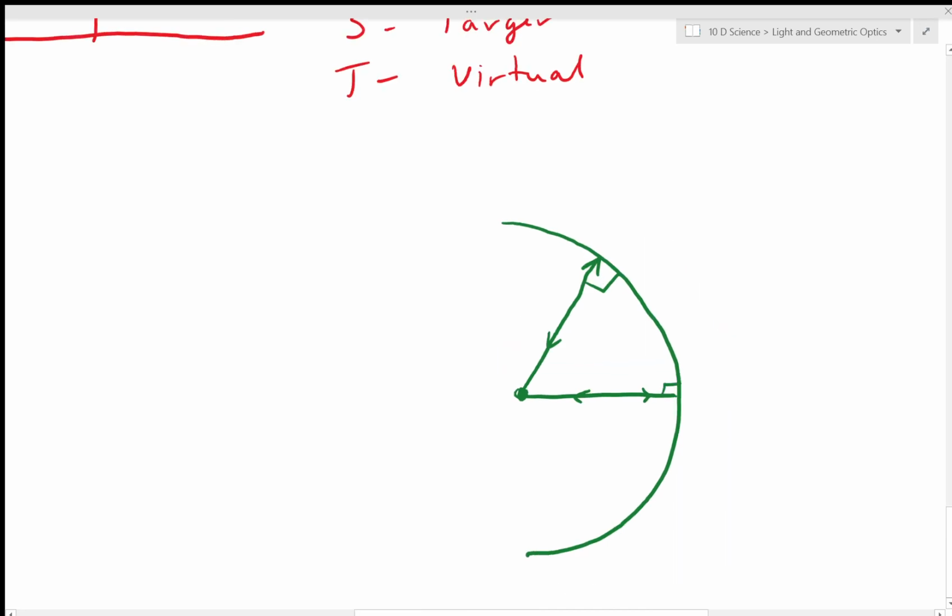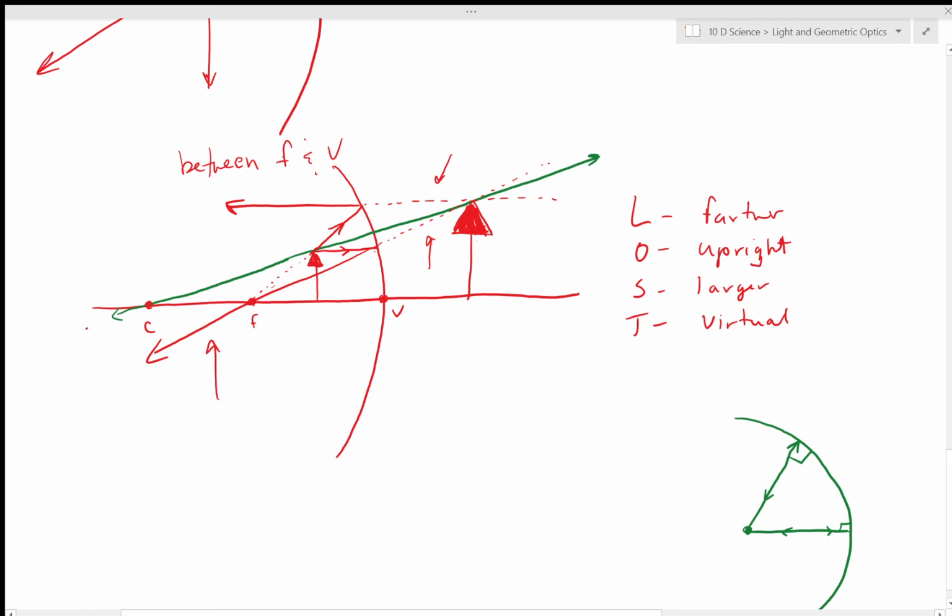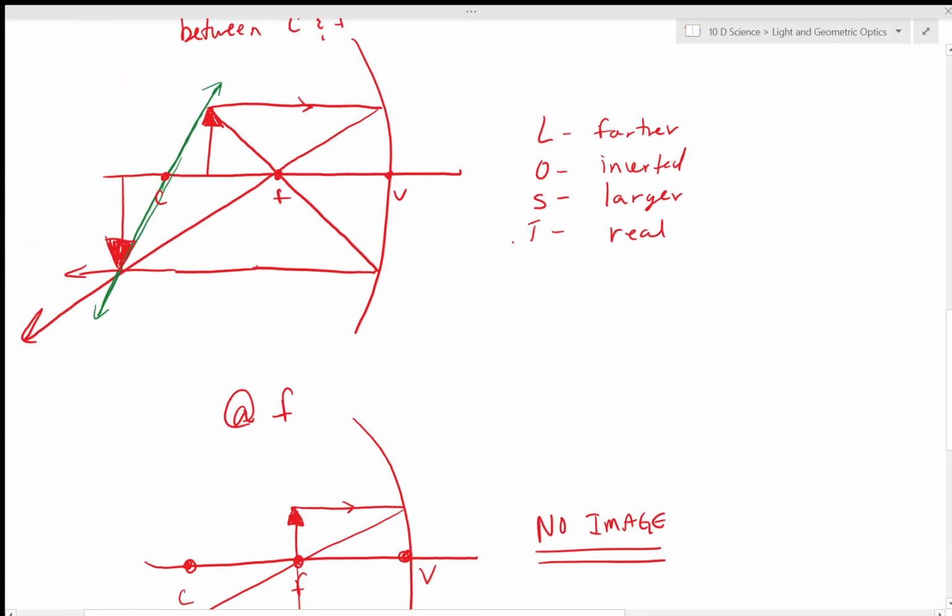So when we look at the check lines here, if a line left from the tip of the arrow in the direction of this green line, it would strike the mirror and bounce back towards the center of curvature. Same thing here.